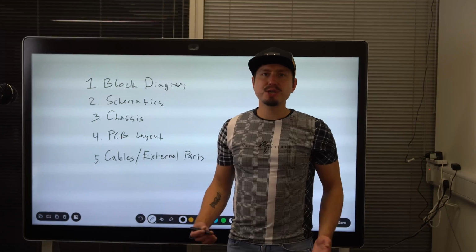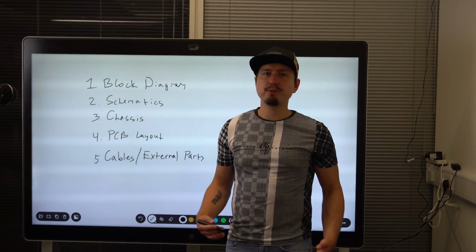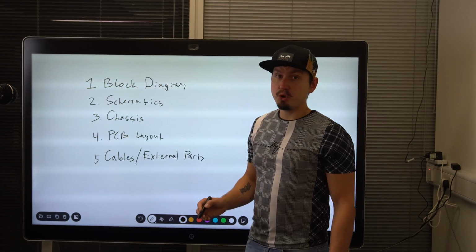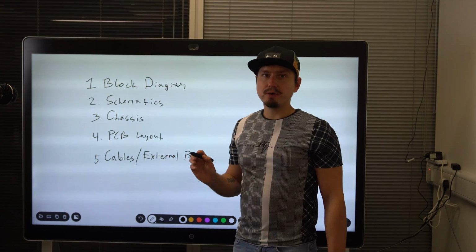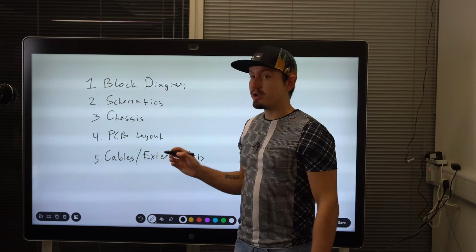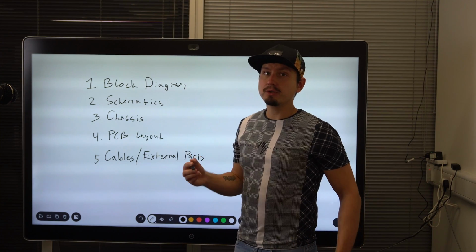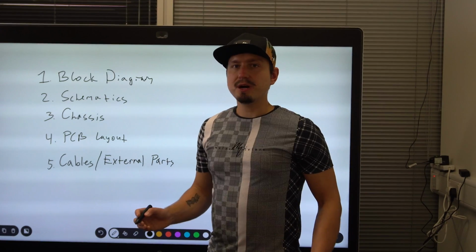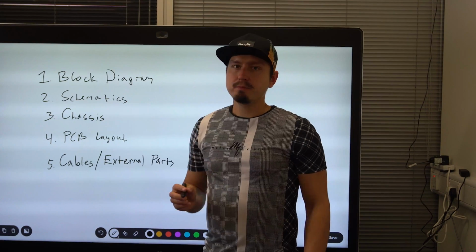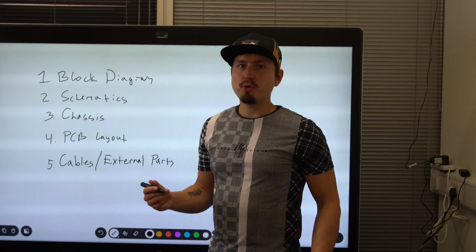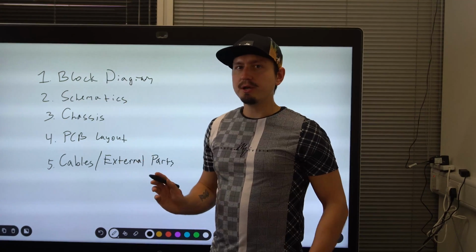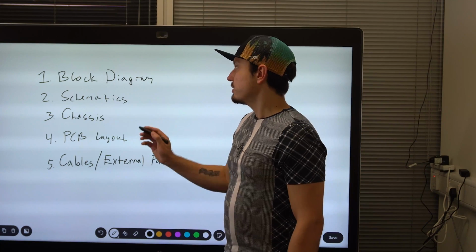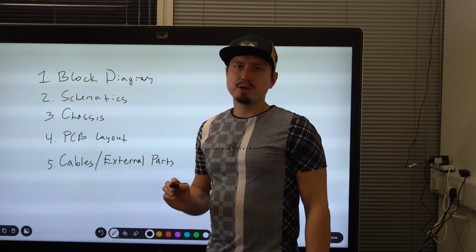So to summarize, here's my PCB design for electromagnetic compatibility workflow. The first step is the block diagram, where I identify all sources of potential EMI and write out the center frequency for each one of them. The second step is schematic capture, where I place ferrites and CM chokes on every power supply, and I add all necessary precautions identified from the block diagram.